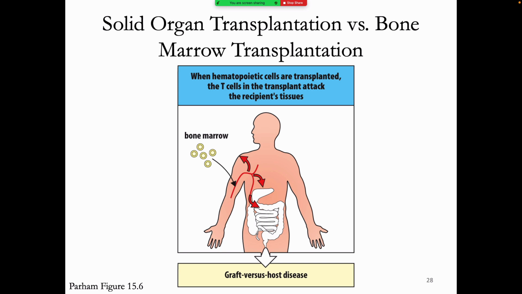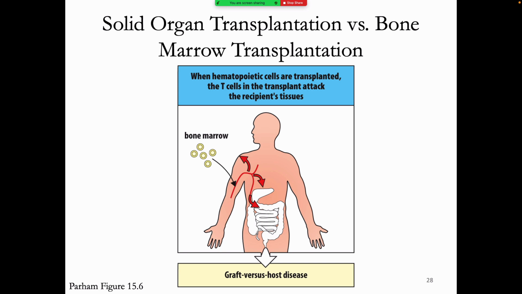When we talked about solid organ transplantation, we just saw 3 different ways that a solid organ could be rejected. All of those types of rejection could be called, no one calls them this, but we could call them host versus graft disease. The idea is that I kill the kidney, right? I'm the host, I kill the kidney that you put in me.